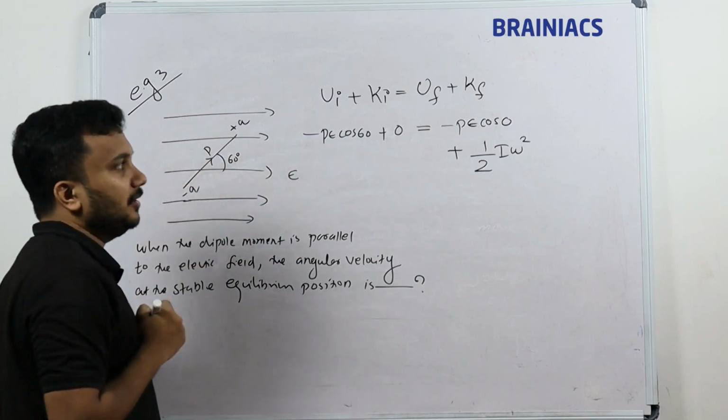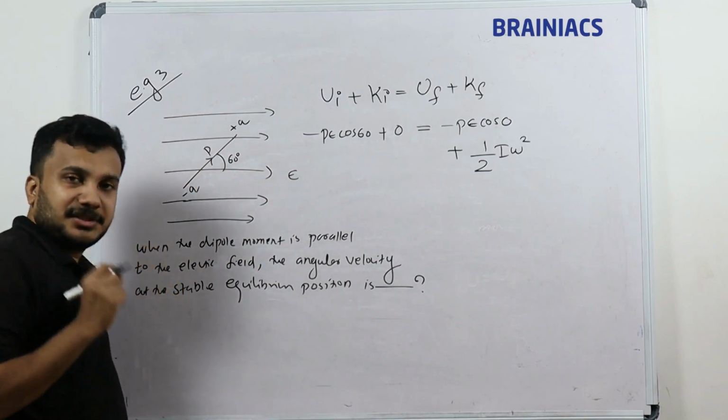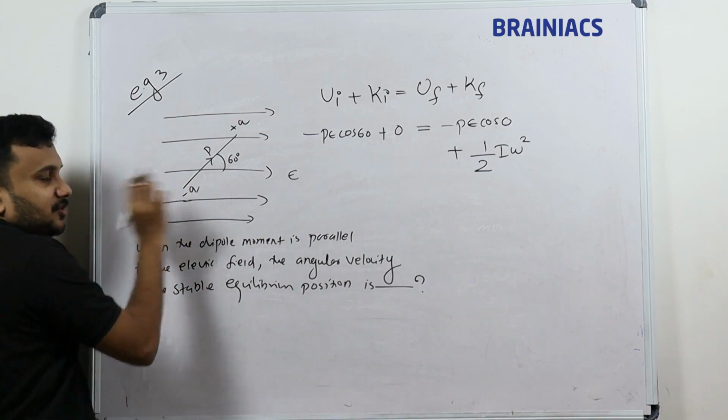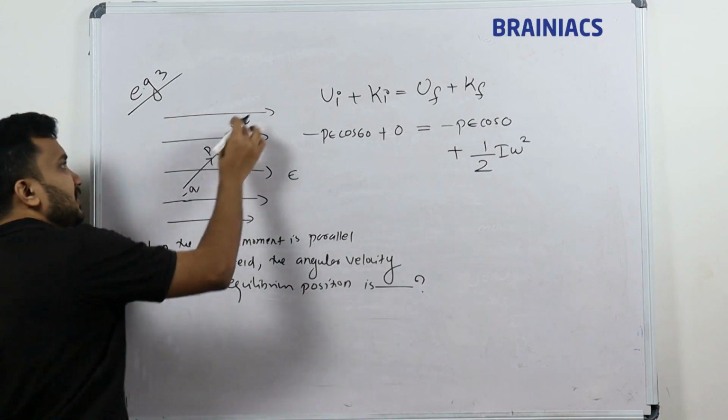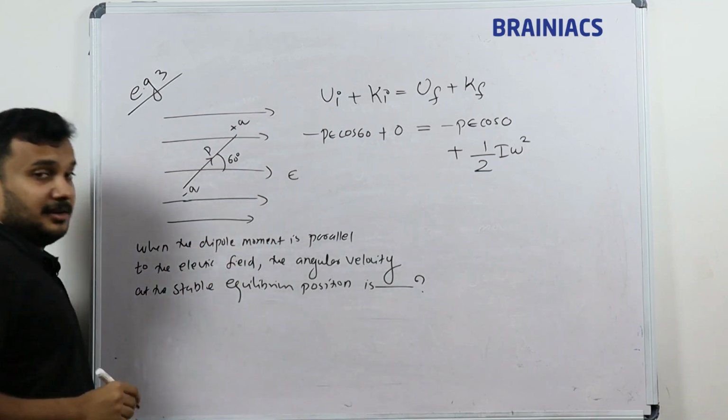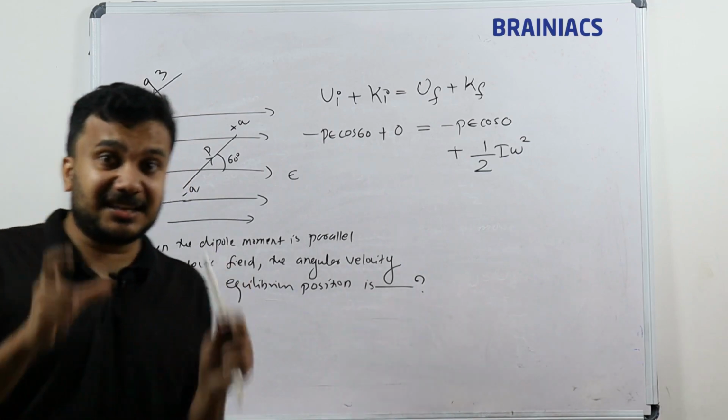Before that, we need to get the value of I, the moment of inertia. This is one charge, which has one mass, and this is another charge with the same mass. We calculate the moment of inertia with respect to the axis of rotation.